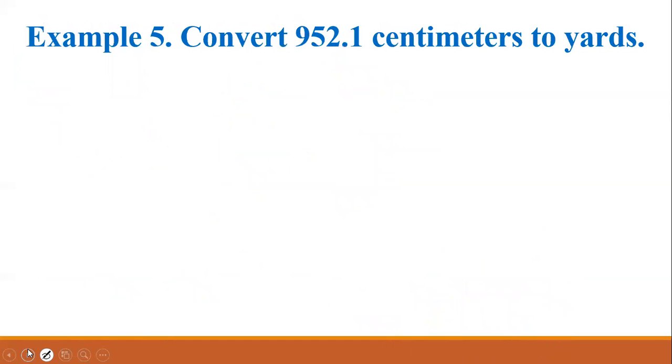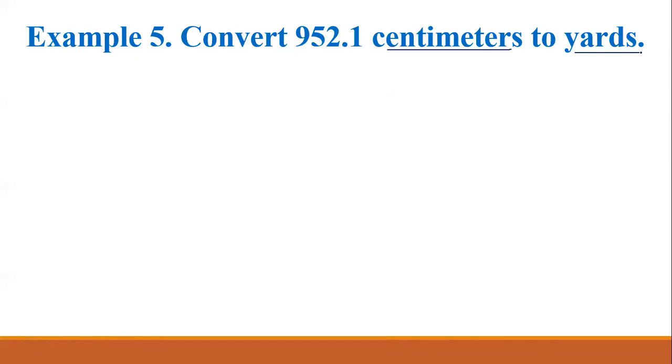So, let's have another example. Okay. Use only conversion factors based on the equalities. Converting 952.1 centimeters to yards. Okay, so what is the given unit? The given unit is centimeters and the desired unit is yards.